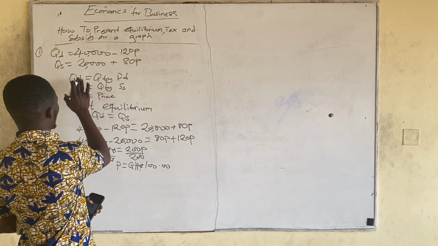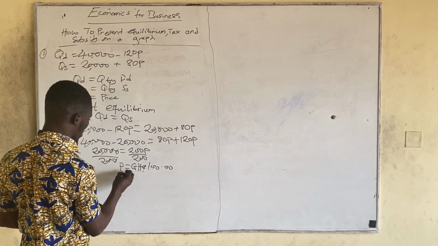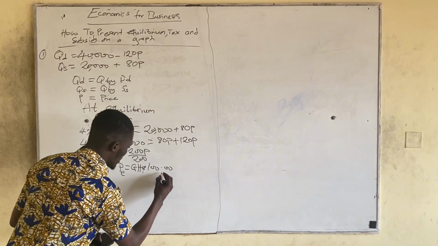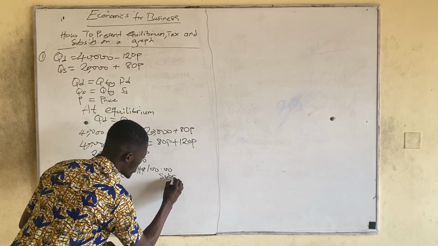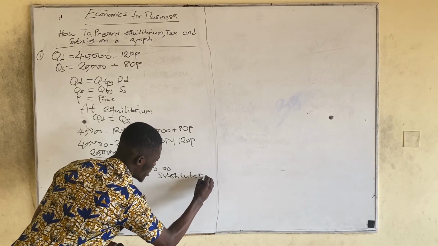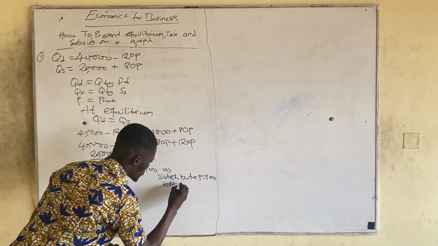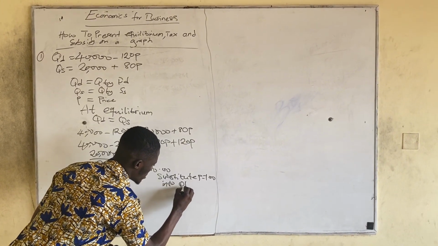You want your equilibrium quantity. We have our equilibrium price now. So you state that substitute P equals 100 into quantity demand.